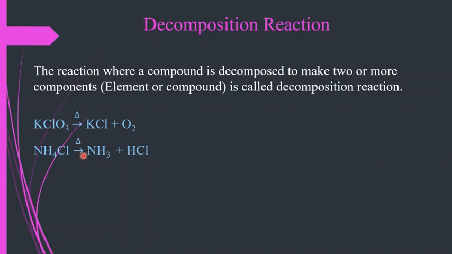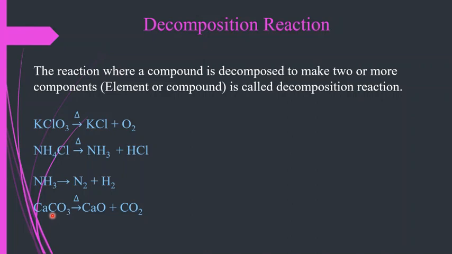When ammonium chloride is heated, then ammonia and hydrochloric acid or hydrogen chloride gas are produced. This is also decomposition reaction. How will you understand these are decomposition reaction? Because for decomposition reaction, on the reactant side, there will be only one compound. When ammonia is decomposed, then nitrogen and hydrogen gas are produced.